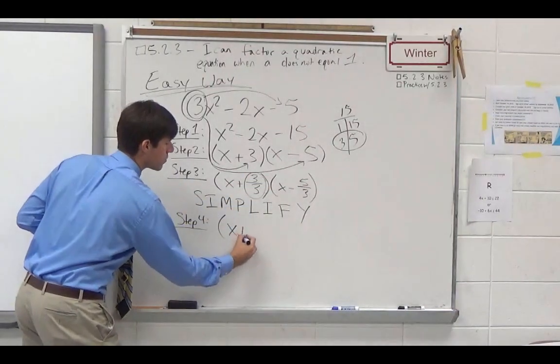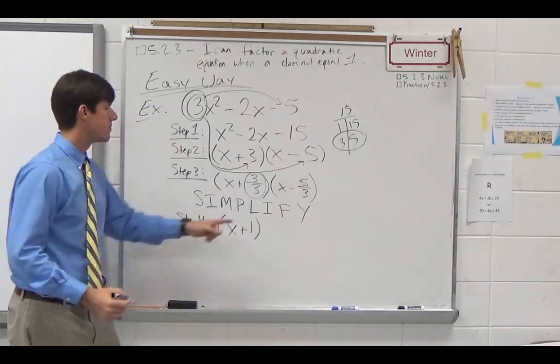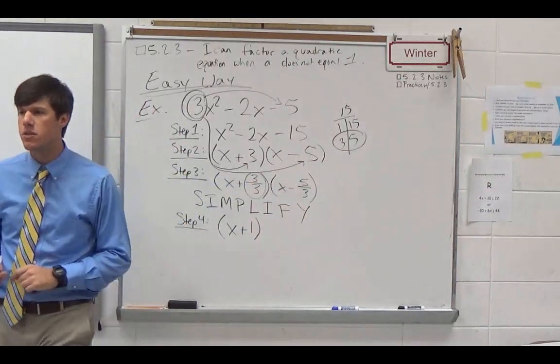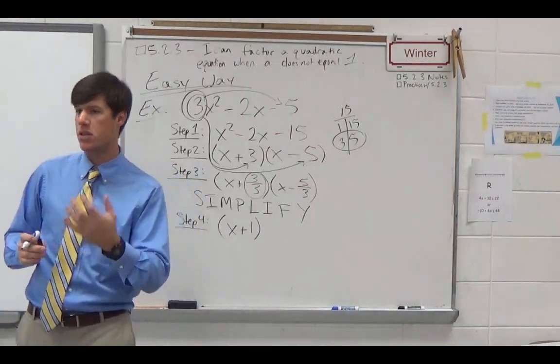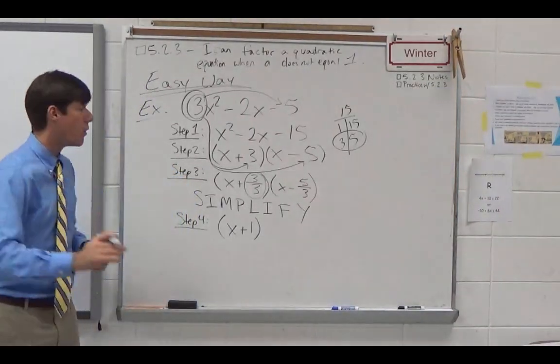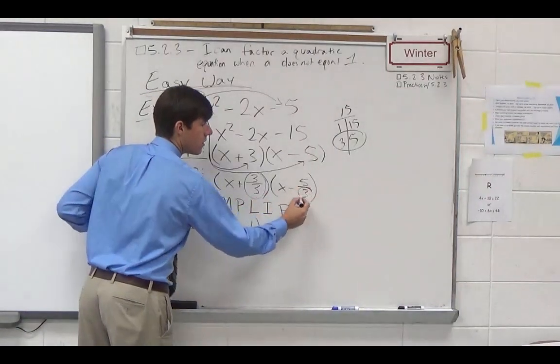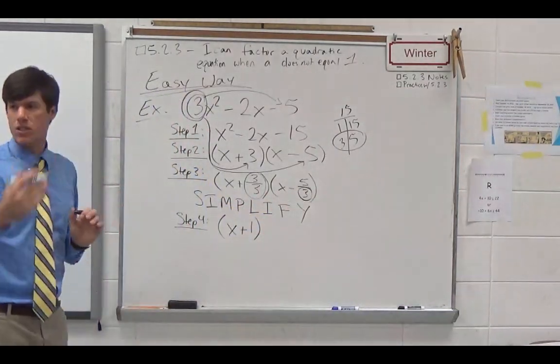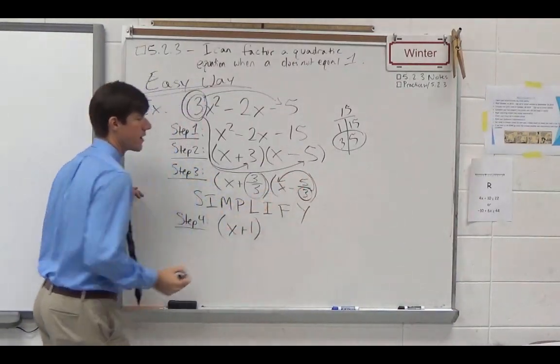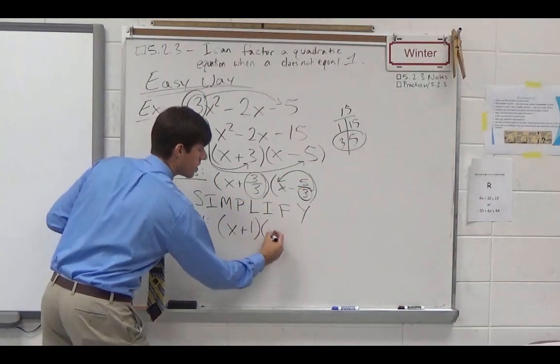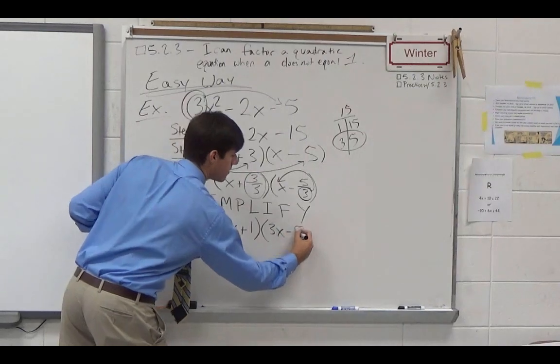So I've got x plus 1. Can 5 and 3 reduce? No. 5 and 3 cannot reduce. It's just 5 over 3. So what we do, take the number that's on the bottom, once we've simplified, and bring it out in front. 3x minus 5.